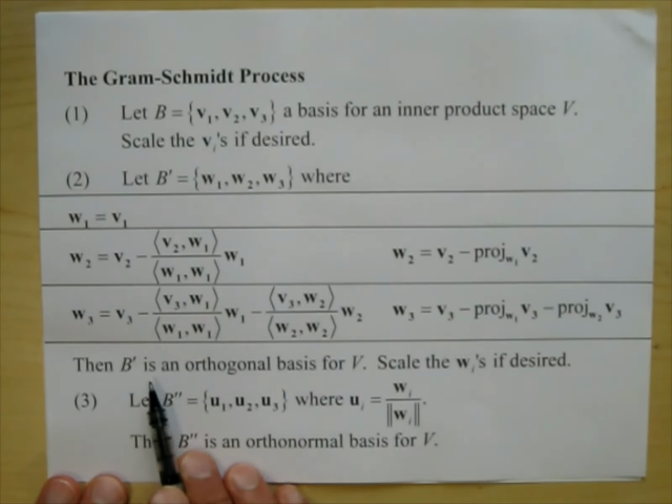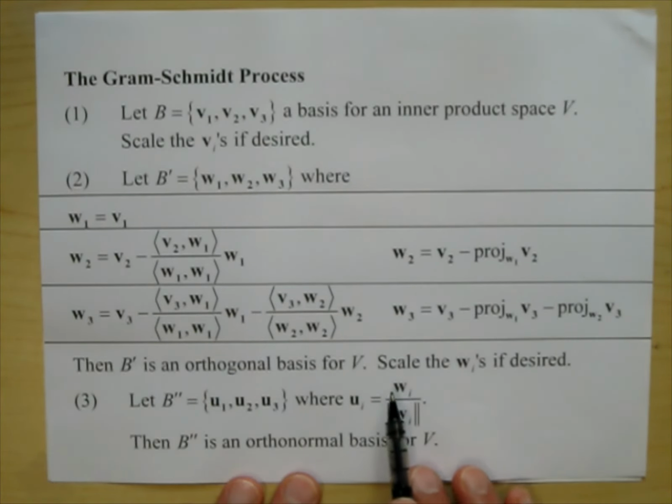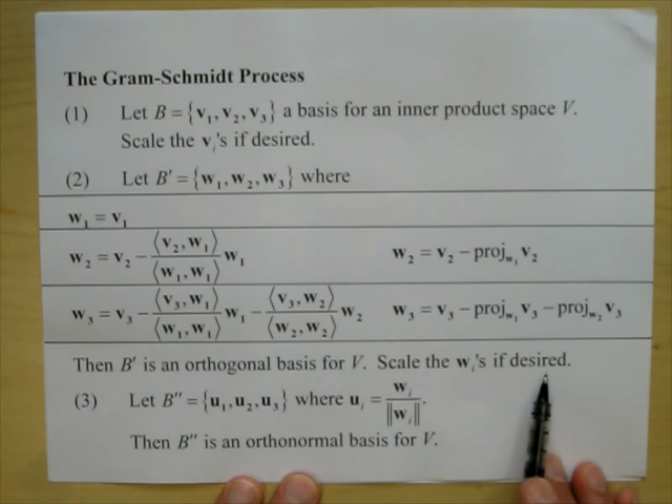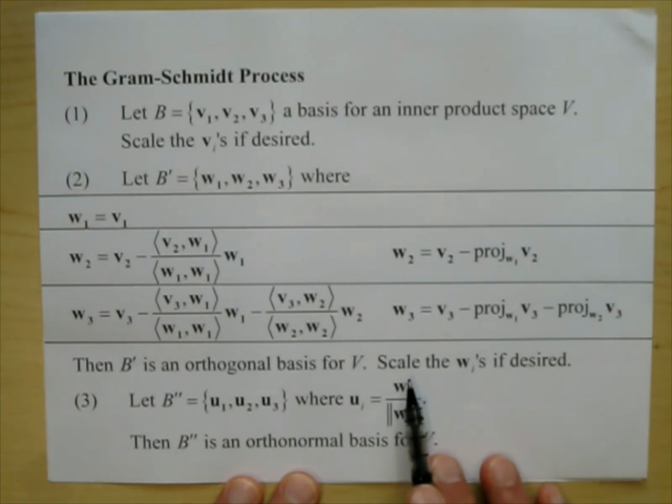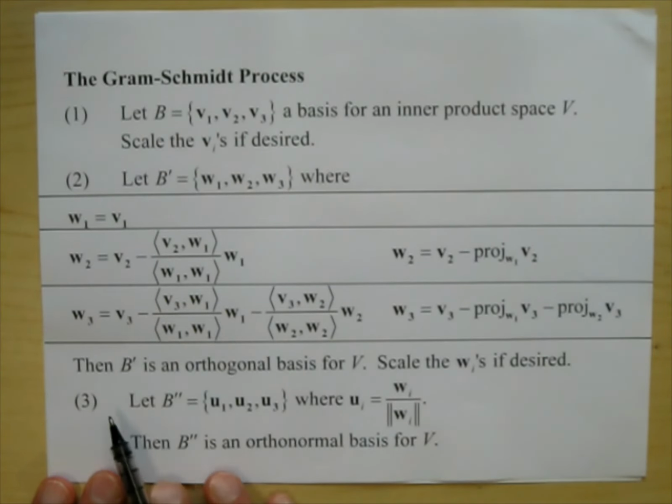And this is the magic of the Gram-Schmidt process. Then B prime is an orthogonal basis for V. And here's, your book doesn't do this, scale the Wi's if desired. Well, yeah, we can scale them all we want. You'll still have an orthogonal basis. And then part 3, B double prime, we'll call U1, U2, U3. We normalize each of those vectors.